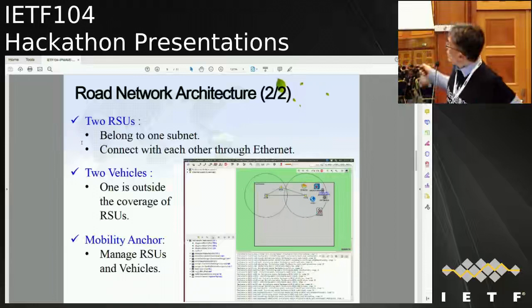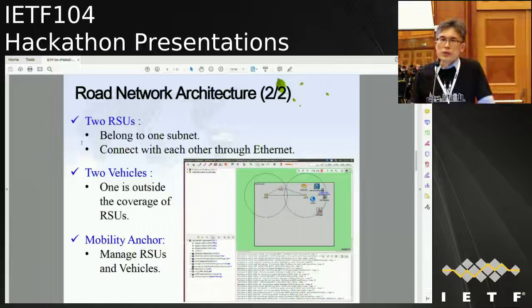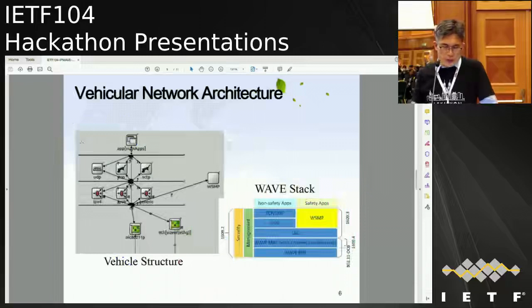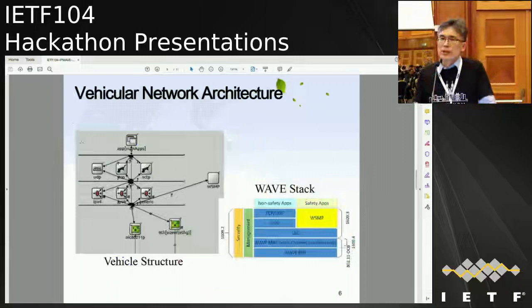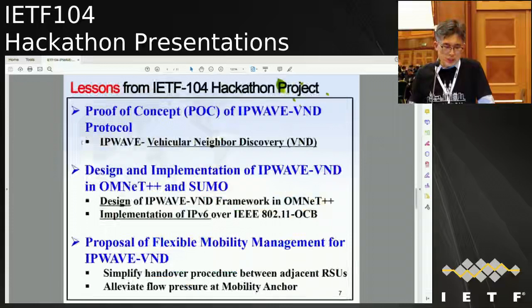This time you can see 2 RSUs and 2 vehicles. Out of the coverage of the RSU, we can provide multi-hop DAD using our protocol. We implemented the vehicle structure based on OMNet and VANS, which is provided by an open source project, and it implements OCB.